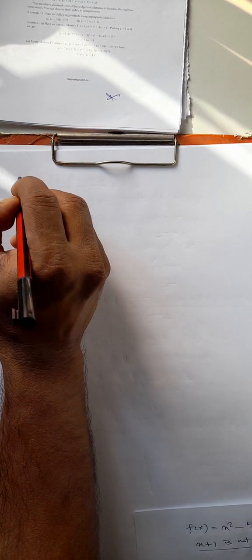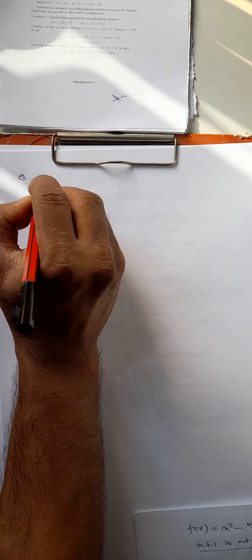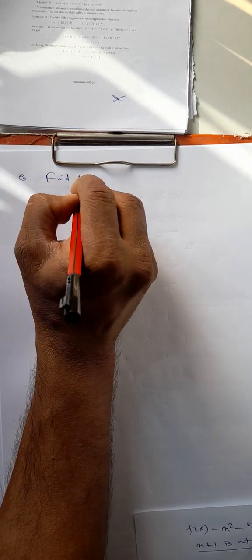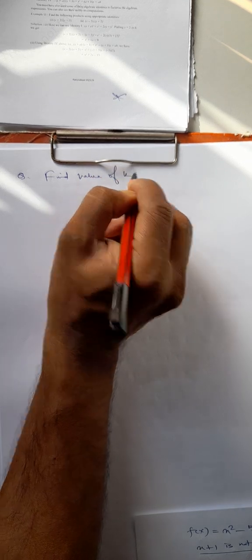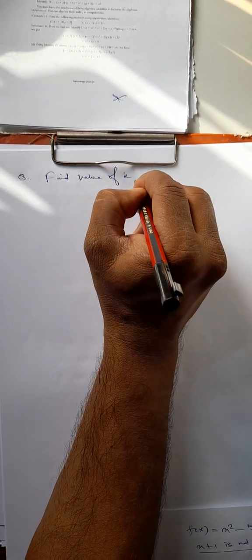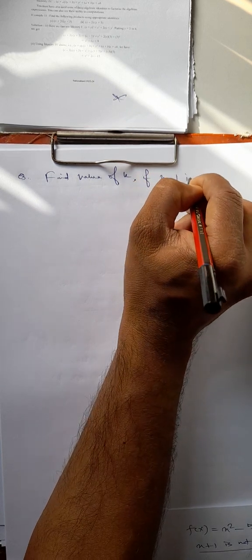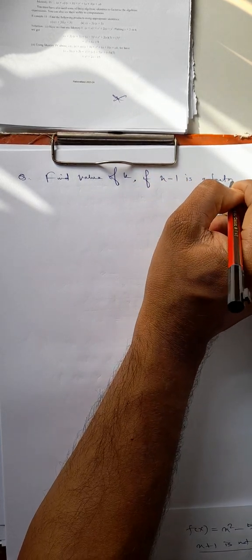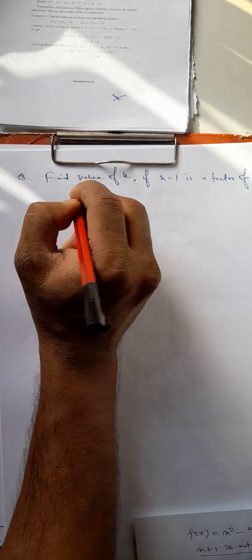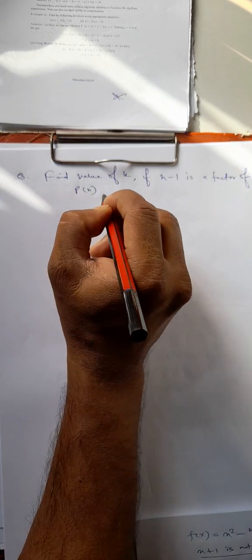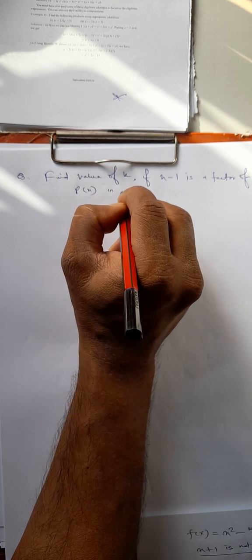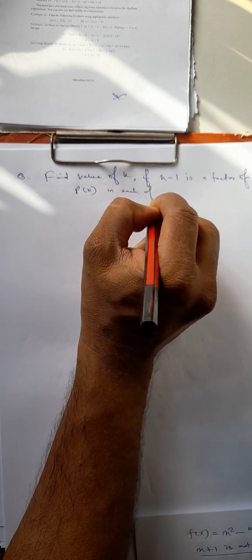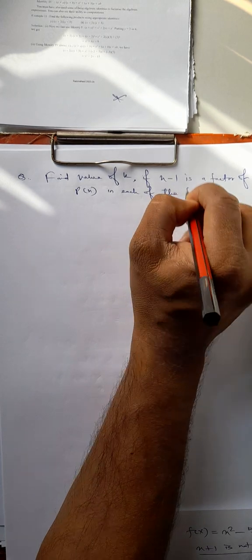Now let's do some exercise from the CBSE curriculum. Say for example, question: find the value of k if x minus 1 is a factor of p(x) in each of the following cases.